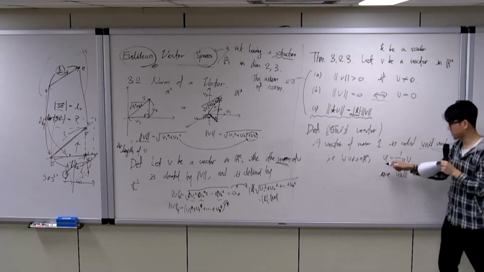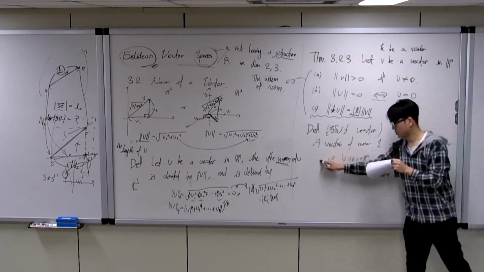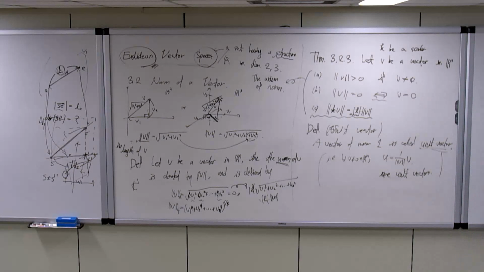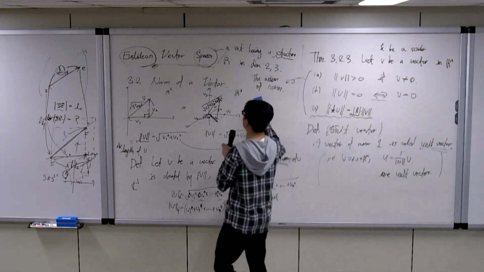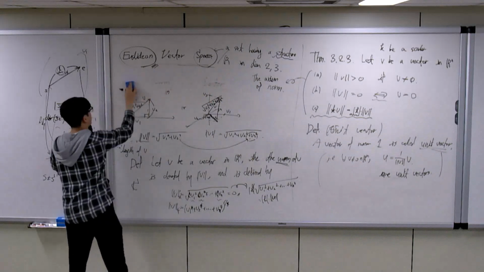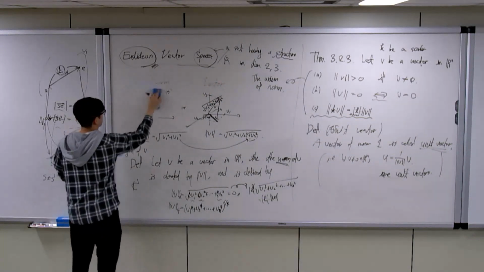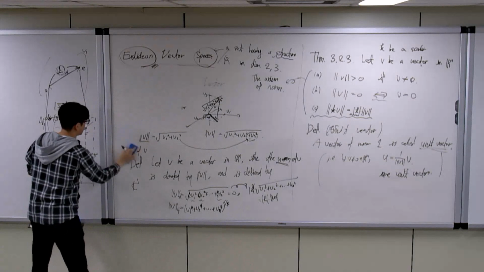And this process is called normalizing, and sometimes we might say this normal vector. I think let us check the example. It is very important information in vector systems.